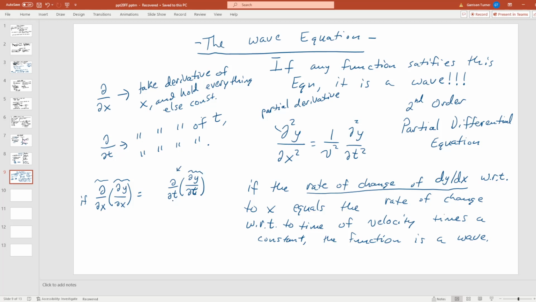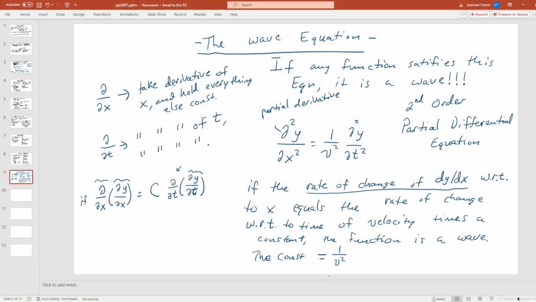If these are equal with some sort of constant, let's call it capital C for the moment, then this is a wave. But it just so happens that the constant is equal to 1 over the velocity squared.